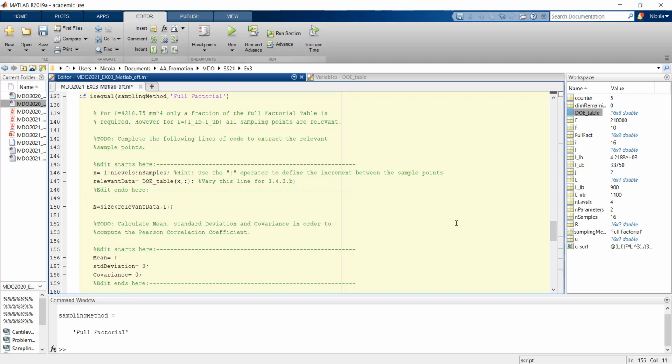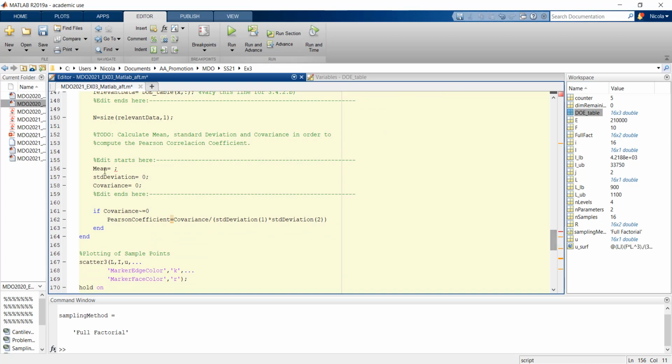Okay, now we just have to type in the formulas for mean, standard deviation and covariance. In this case, we can do it for the whole table, and along the first dimension, so that's for each column. We can do the same for the standard deviations, so we take the square roots here.